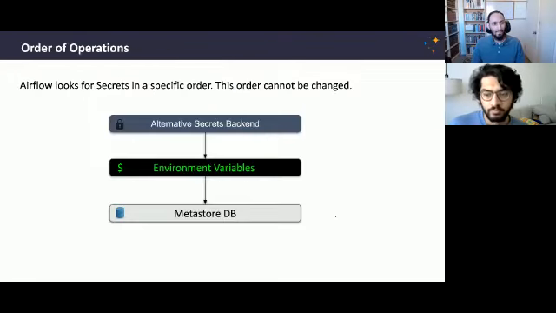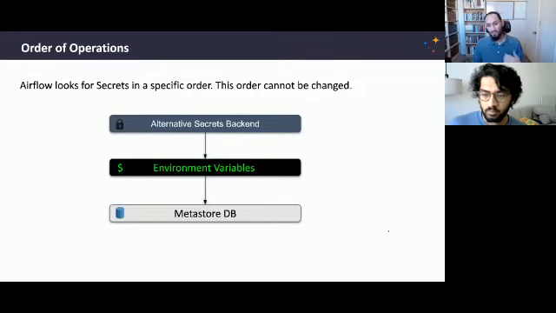Yeah. So now that we kind of know all of your secrets backends, there's an order of operations to Airflow. Airflow looks for your secrets in a very specific order, and you can't configure or change that. So the first place it's going to look is your alternative secrets backend, like we talked about Vault or Google Secrets Manager. And then if it doesn't find it there, it'll go to environment variables.